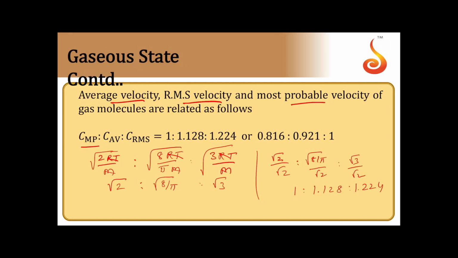So one has to remember this ratio of the molecular velocities. The importance of the ratios of the velocities is that when, for example, the RMS velocity is given to us, we can find out the remaining two velocities, provided we know the ratio of the three molecular velocities. That is the importance of the ratios of the three molecular velocities. Therefore, the velocity ratio is to be remembered.